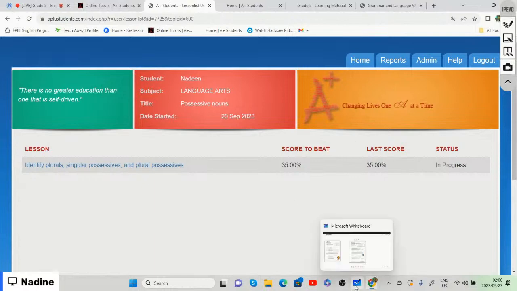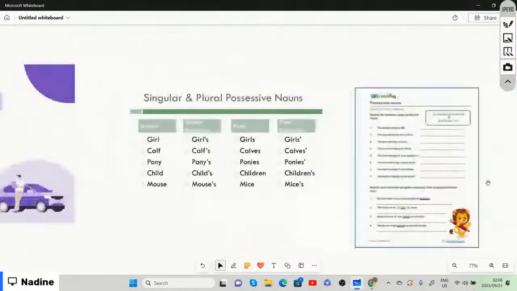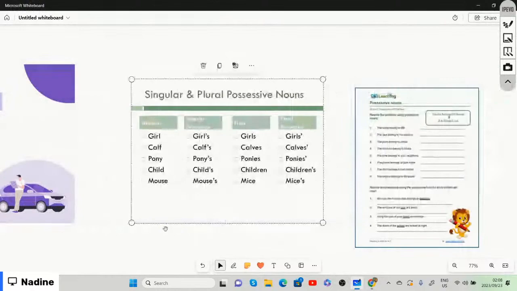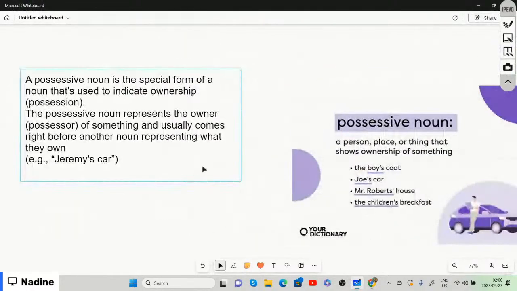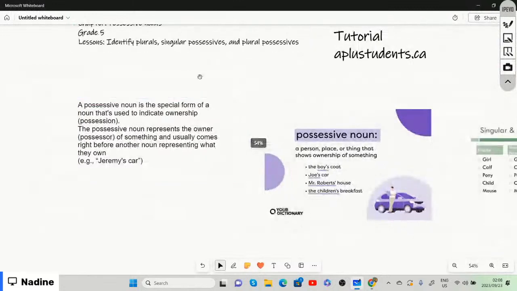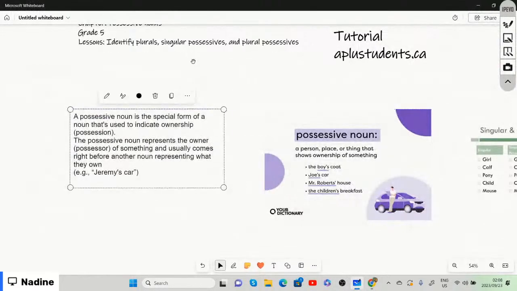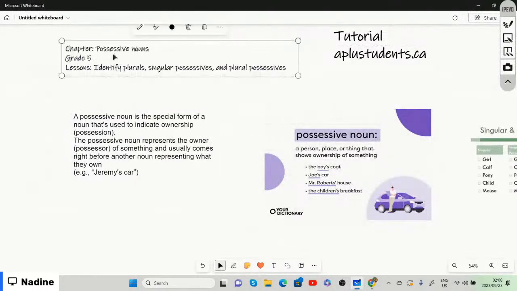So we're first going to our whiteboard, and we're going to define again what possessive nouns are. We are doing the chapter of possessive nouns, grade 5, and our focus lesson is to identify plurals, singular possessives, and plural possessives.